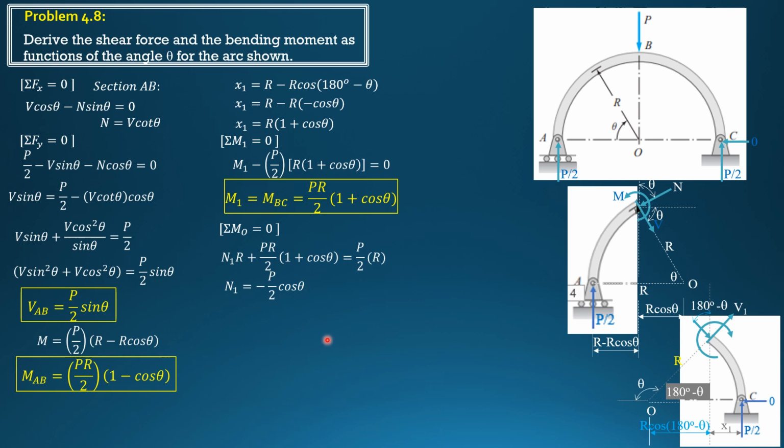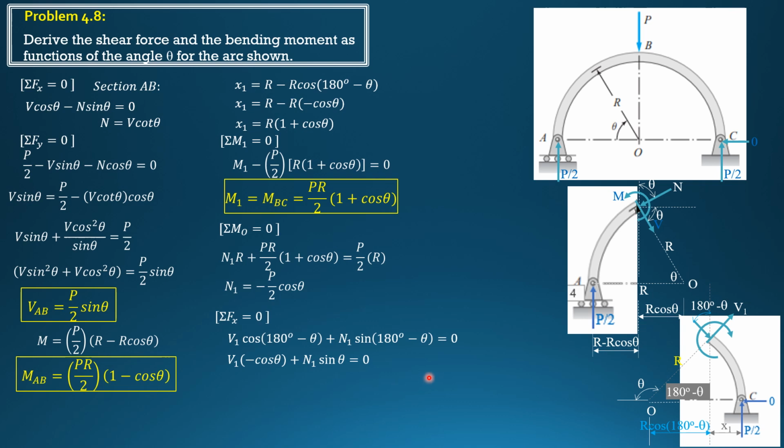Then summation of forces along x equals 0. Then we have shear 1 cosine of 180 degrees minus theta plus N1 sine of quantity 180 degrees minus theta equals 0.